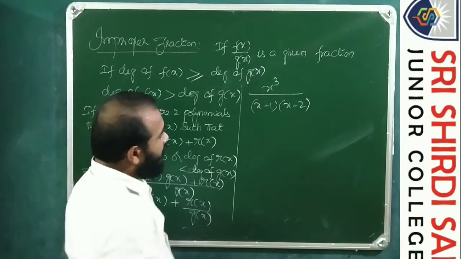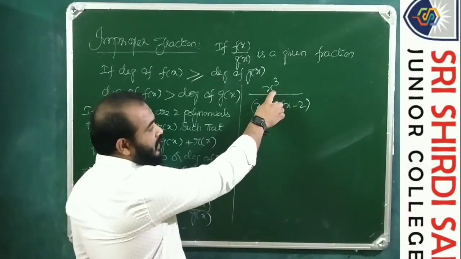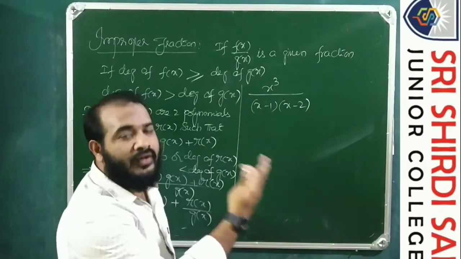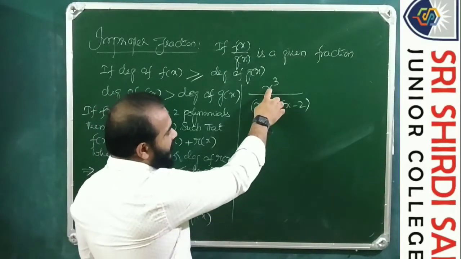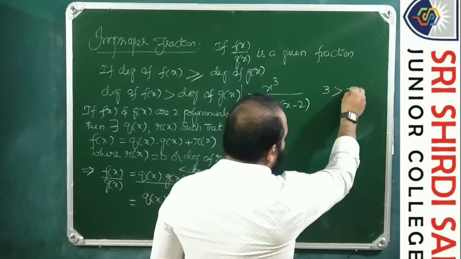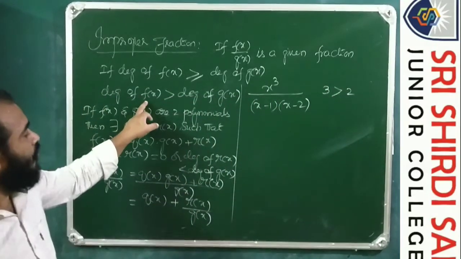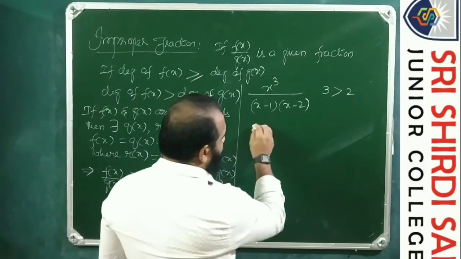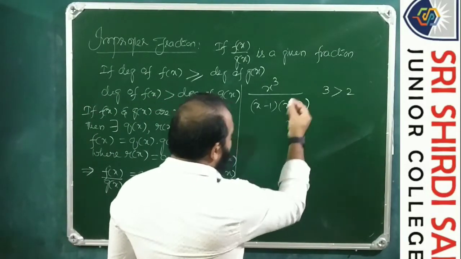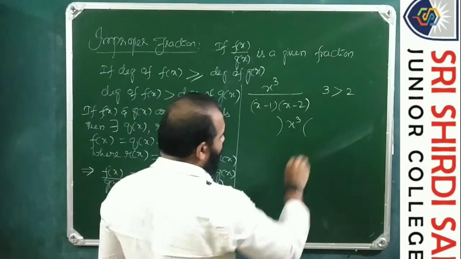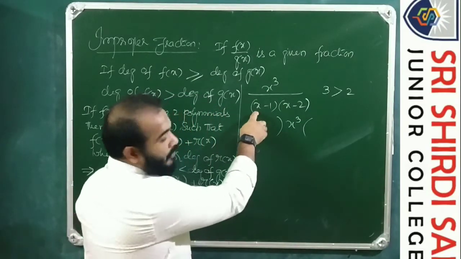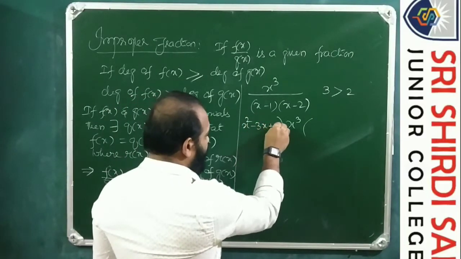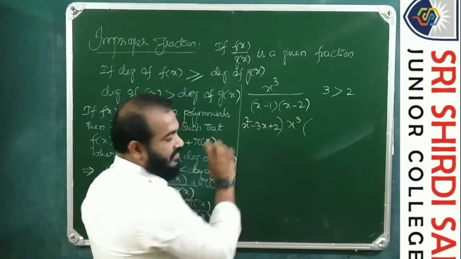Now the degree of f of x is 3 and the degree of the denominator is 2. So 3 is greater than 2; the degree of f of x is greater than the degree of g of x. So how do we solve? Let us divide x cube by the denominator x minus 1 into x minus 2, which is x square minus 3x plus 2. If you multiply this out, we get this.